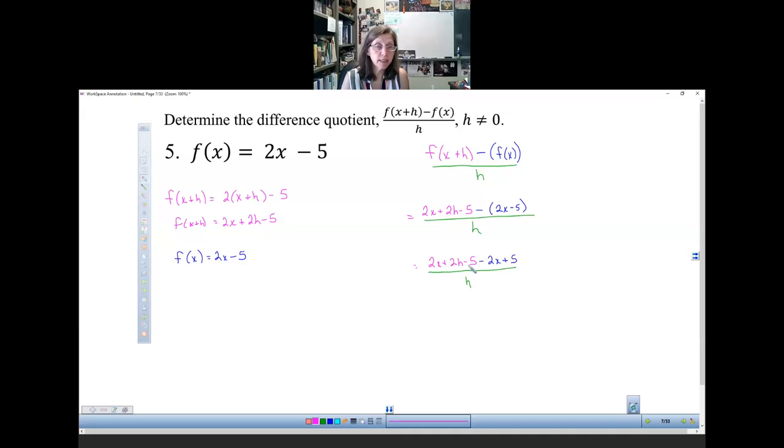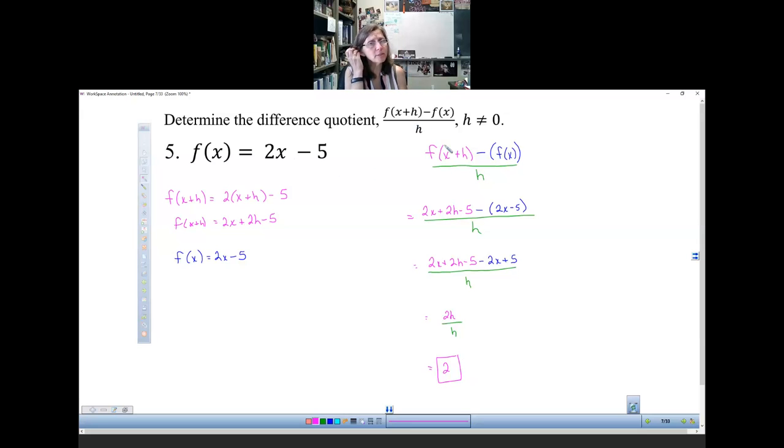Negative 5 plus 5 goes away. All I'm left with in the numerator is 2h, which is divided by h, and h is divided out, and I am left with 2. And this is the value of the difference quotient for this function.